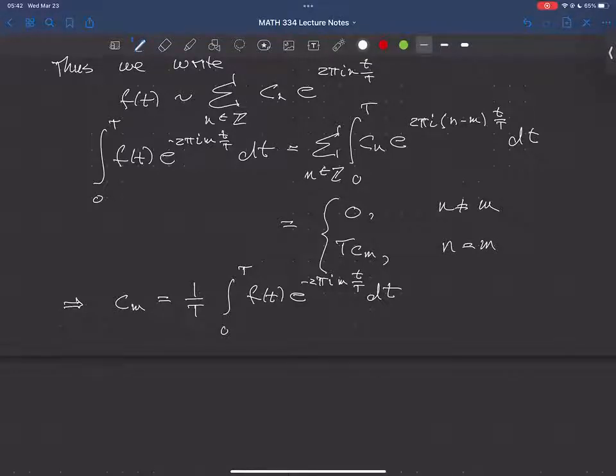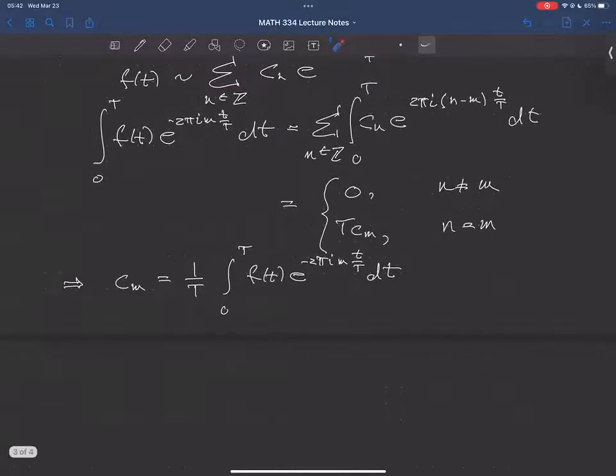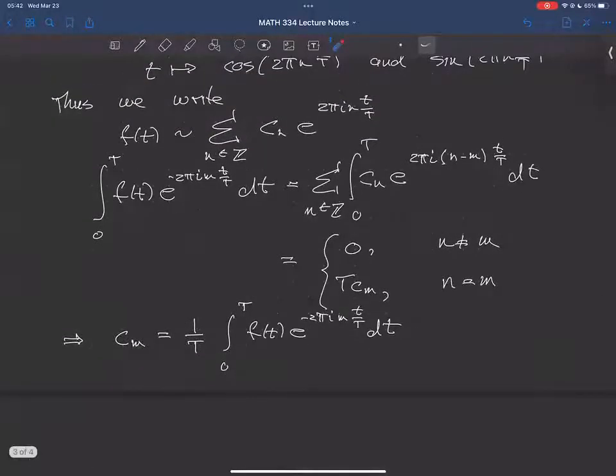Okay. And so this tells you that the coefficients in this linear combination are calculated in this way. As I say, you can think of this integral as being an inner product of f with the harmonic. But that aside, if you accept that this kind of senseless formula has some justification to it, this does tell you what the coefficients should be in order for a sum like this to work out.